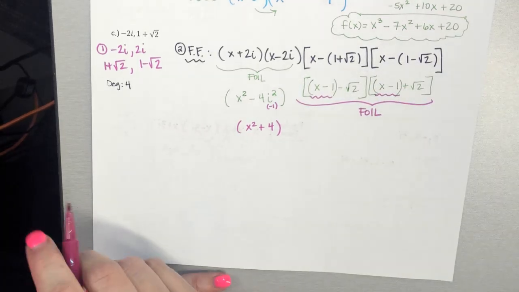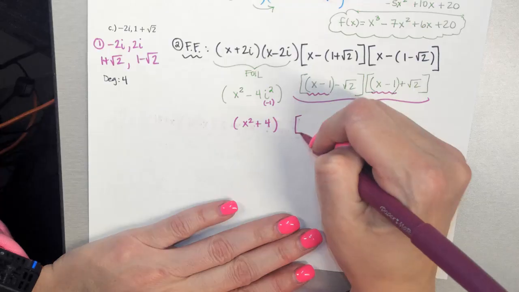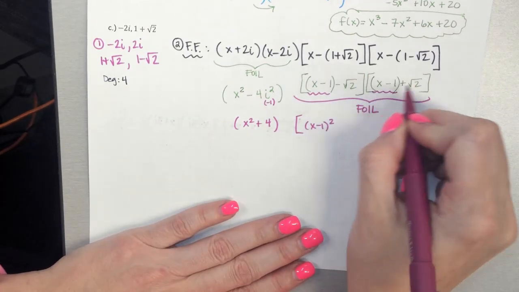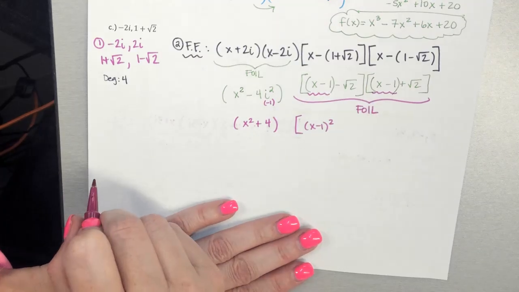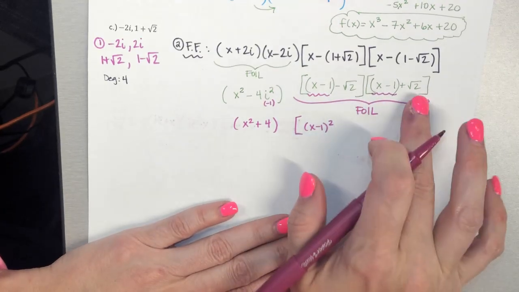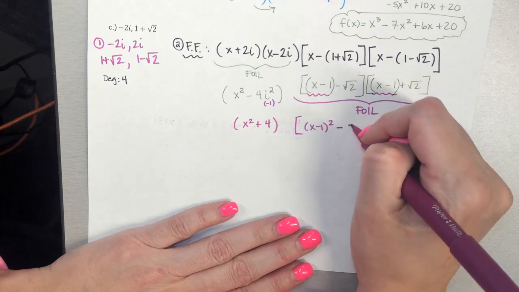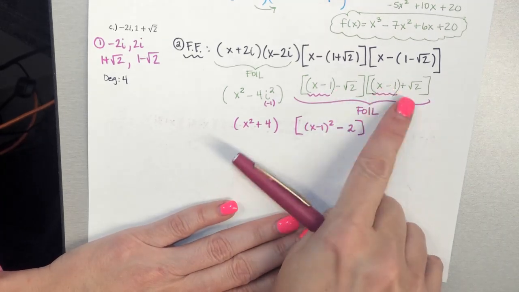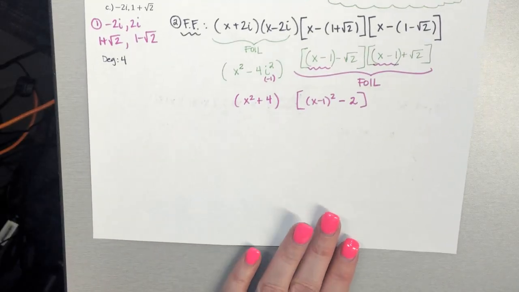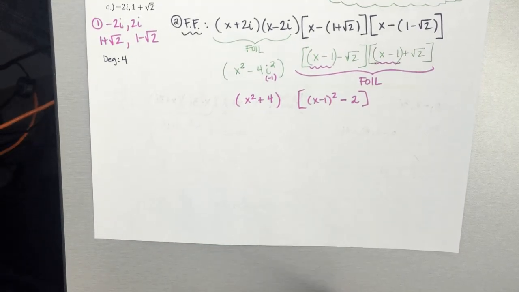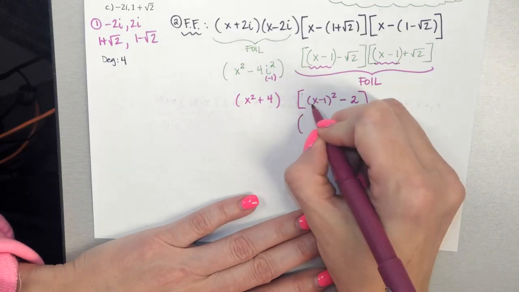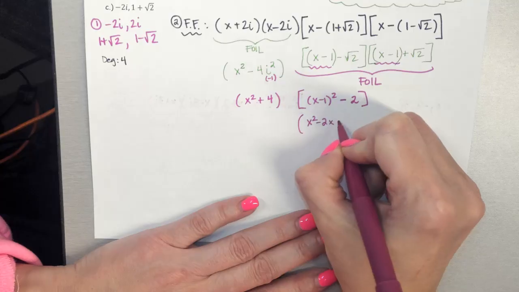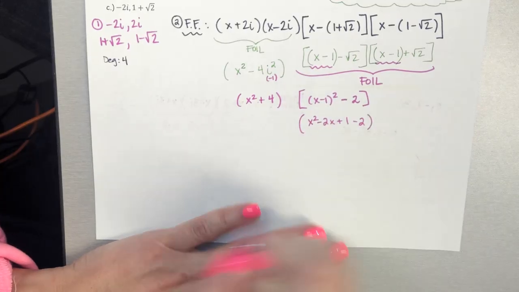So it's x minus 1 and x minus 1. So you have x minus 1 squared. Inside and outside are going to cancel. And then the square root of 2 times the square root of 2 is 2. And this should always be a minus because you should always have opposites there. Okay, and then when you're breaking this down, we're just FOILing. x squared minus 2x plus 1 minus 2.